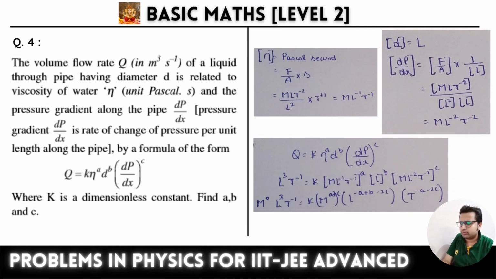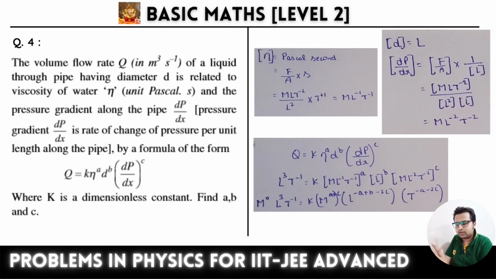Now if you talk about capital Q, its dimension you can very easily get, because capital Q is the rate of flow and the unit given is meter cube per second. So meter cube is L cube T minus 1. So L cube T minus 1 is equal to this. You substitute, bring mass together, L together and T together, and compare it.